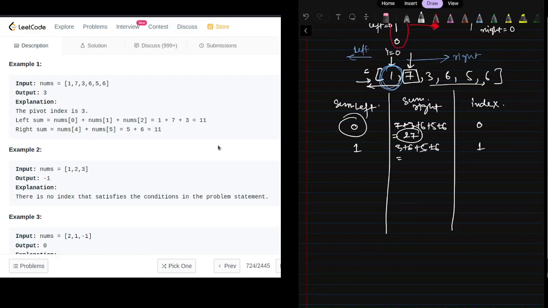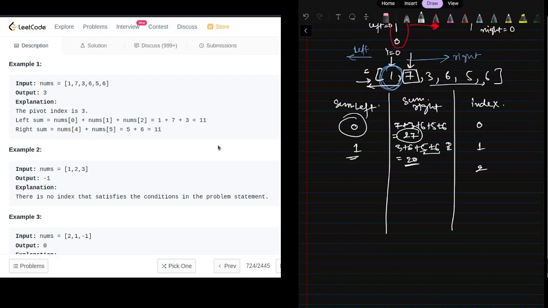Let's do this addition: 6, 3, 9, and 5, 6, 5, 11, 11 plus 9 is 20. So we got 20, and 20 is not equal to 1.